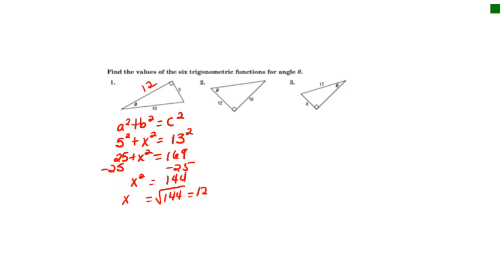Now that we know the side, we can write out the ratios for the 6 trigonometric functions. All right, so we're going to do sine of theta, cosine of theta, tangent of theta, cosecant of theta, secant of theta, and cotangent of theta.